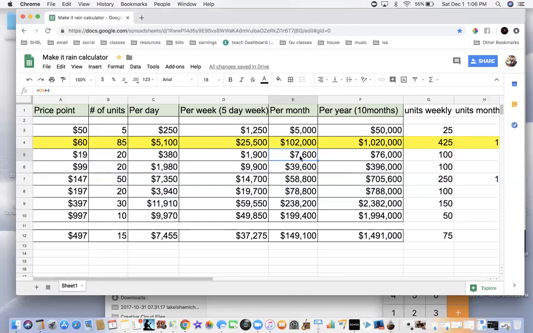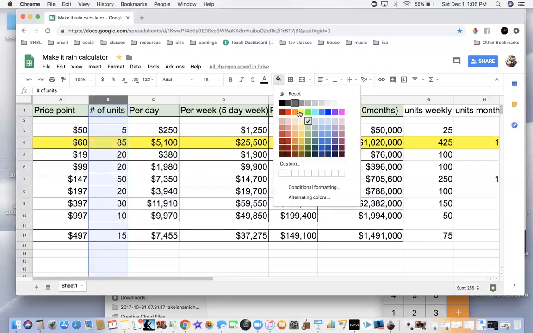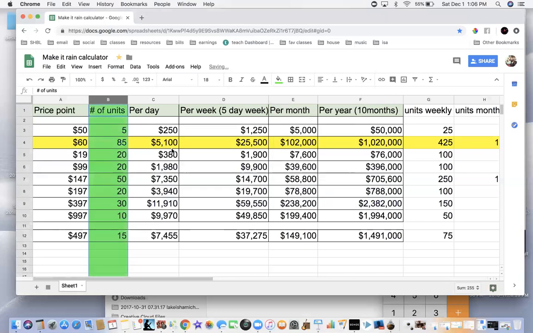Numbers don't lie. That's why I like them, because I just need to know my numbers and then let me go do my job. Now, I will tell you, the average person gets into business for themselves and they're not clear on this row right here. The average person gets into business and they are not clear on how many units they need to move, right? Units can be people, it could be t-shirts, it could be whatever. But typically people are not clear on, first of all, what they want to make for the year, right?